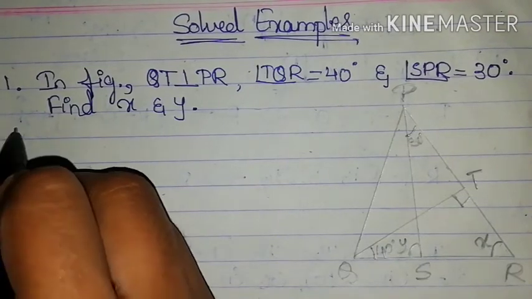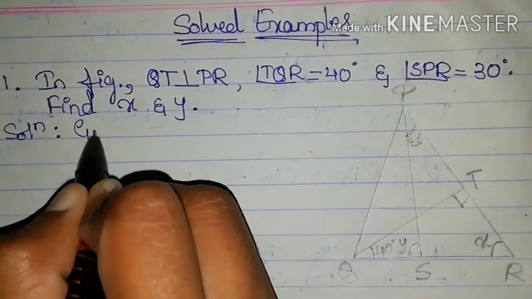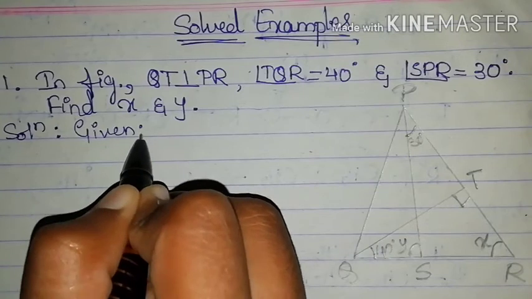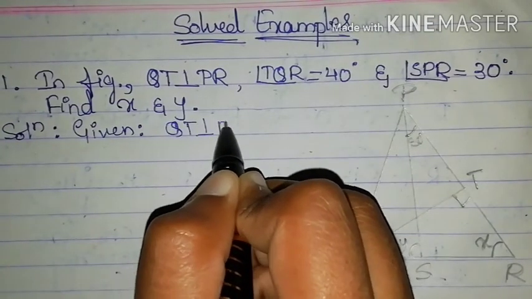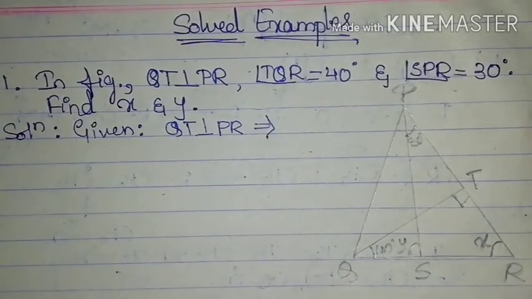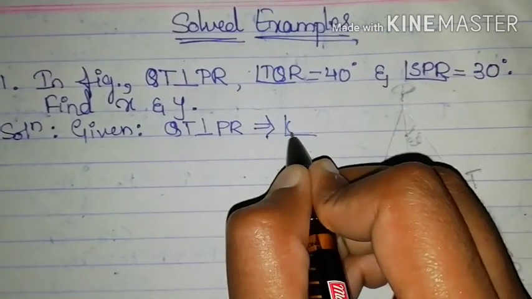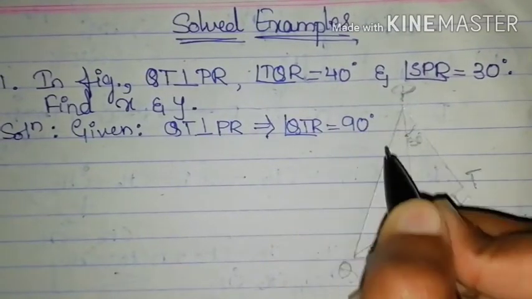So first solution, let us write down what is given to us. Given QT is perpendicular to PR. This implies whenever this is perpendicular, then the angle formed at that vertex will be equal to 90 degrees. So this implies angle QTR is equal to 90 degrees.